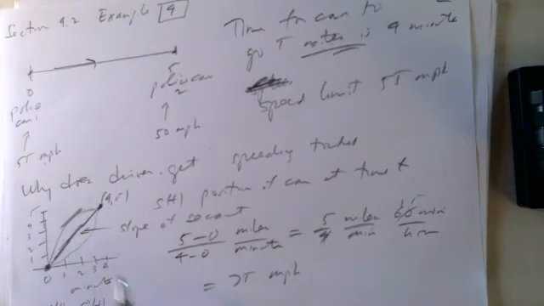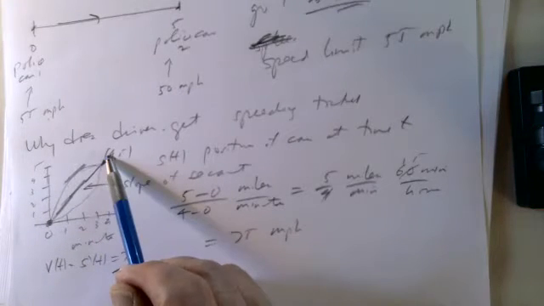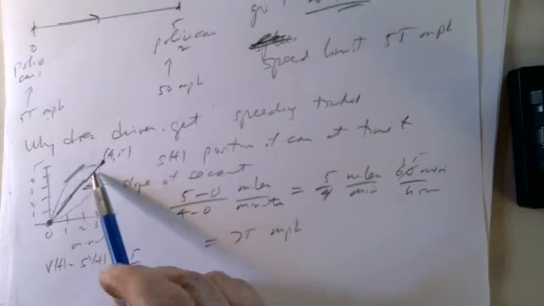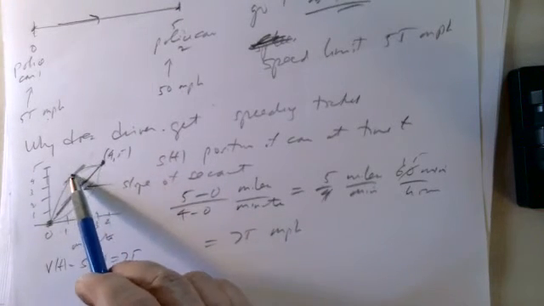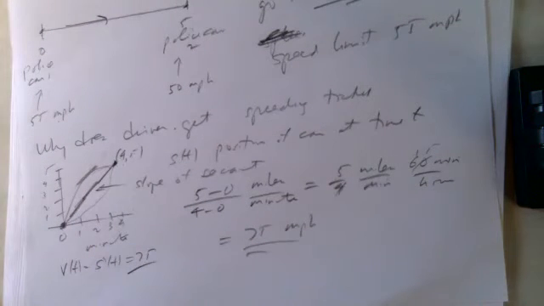At some point, the velocity is going to be 75 miles an hour. To get from here to here in 4 minutes, at some point you're traveling at exactly 75 miles an hour, which means you're speeding, so you get a ticket. Right?